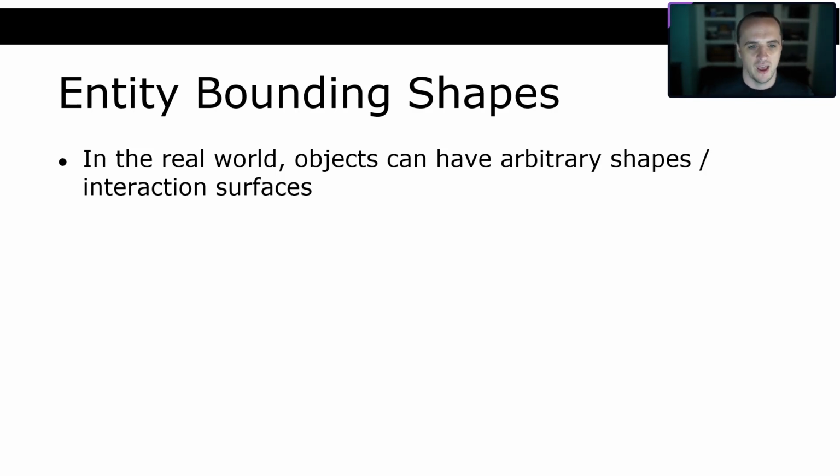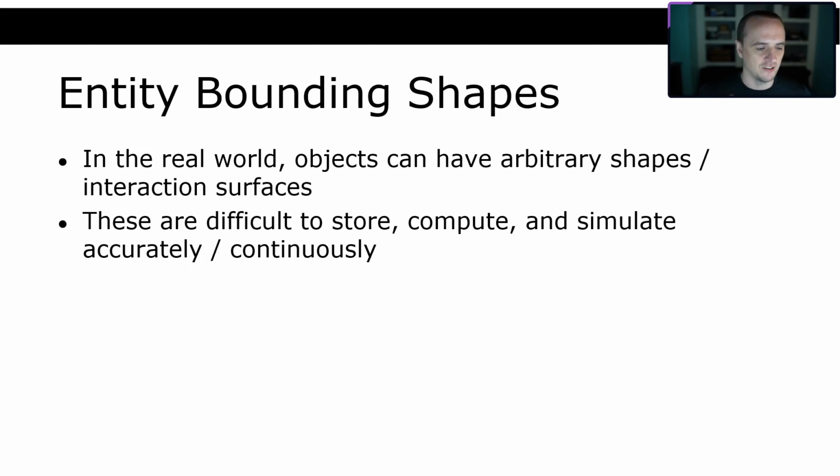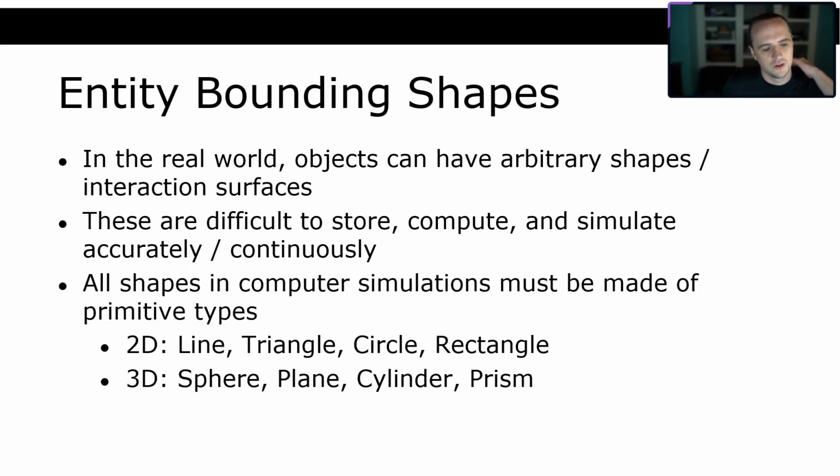video game. And so these objects are difficult to store, they're difficult to compute, they're difficult to simulate accurately and continuously, and so we're going to have to make some abstractions when it comes to modeling things in the real world in a video game. So it turns out then in computer simulations, our efficient way of modeling things is to break it down into geometry primitives.